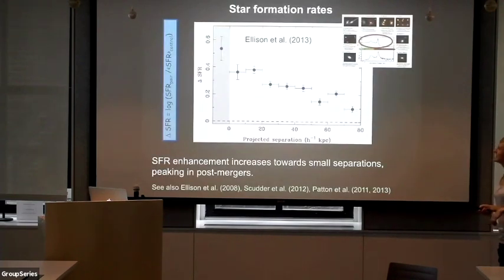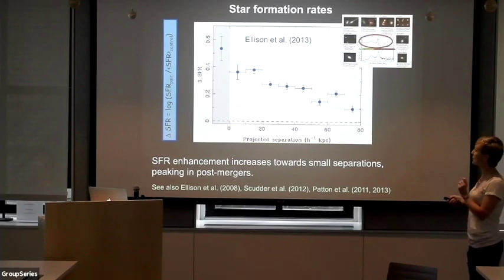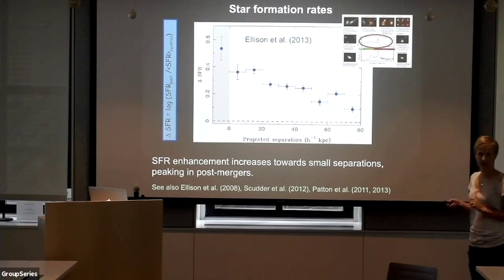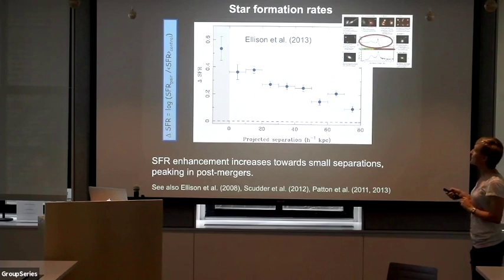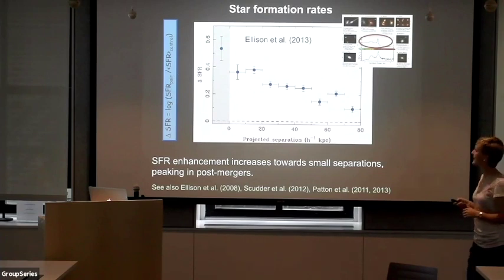Next up, we can look at the changes in star formation rates. So we measure the star formation rates from the Sloan spectroscopy. And so now in this figure, we have again the projected separation. Now there's this additional gray box at small projected separation, and this is the post-merger regime. That's where I'm putting my post-merger point. Now the y-axis is an enhancement in the star formation rate, and this plot is on the log scale.